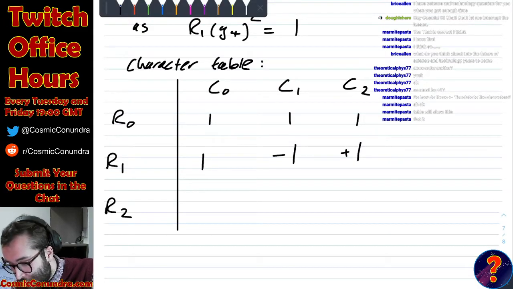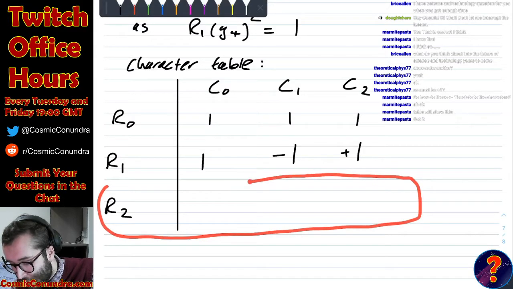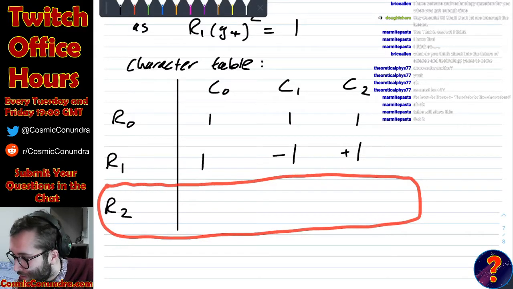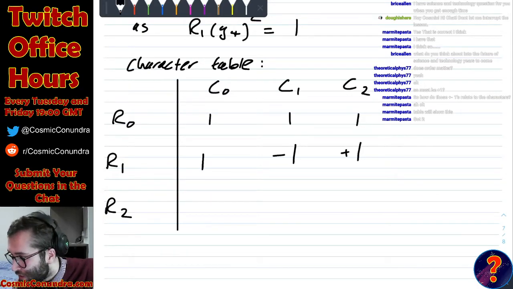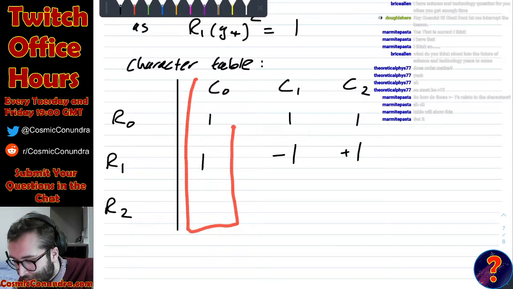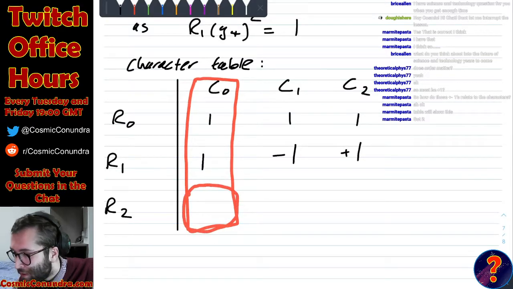Then for this 2-dimensional one, at the moment we don't know anything explicit about this. We don't know what these representation matrices look like. What we do know is that they're 2-dimensional, and therefore for the identity class, the representation matrix of the identity element in this 2D representation will just be the 2D identity matrix.